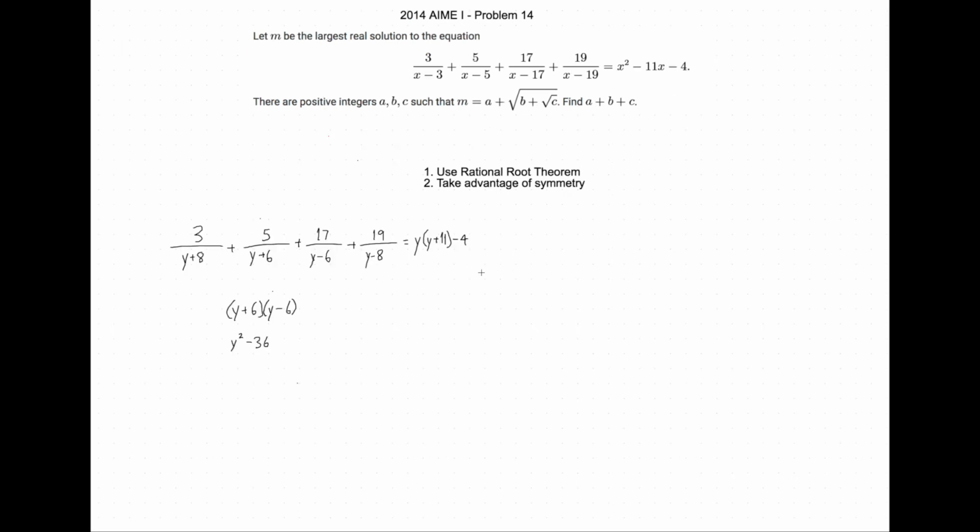So now that we capitalized on the symmetry and realized how powerful it is, let's combine the terms with the matching denominators, which aren't the same, but they're corresponding. So we have 5 times y minus 6 over y squared minus 36 plus 17 times y plus 6 over y squared minus 36.